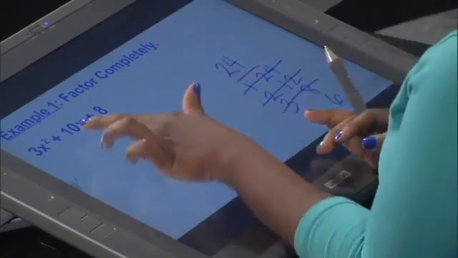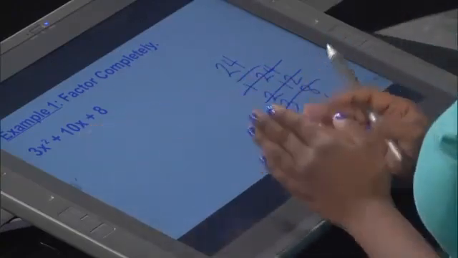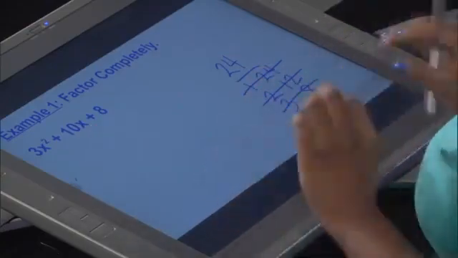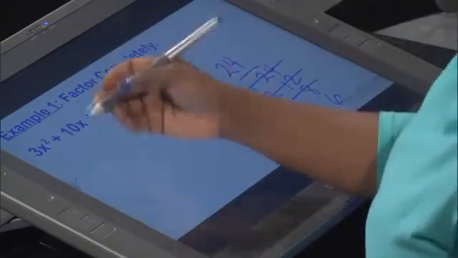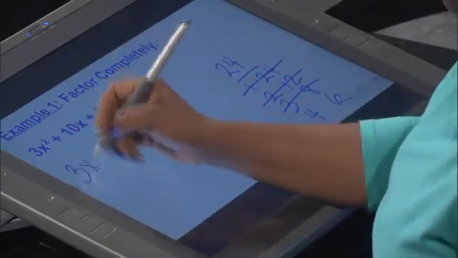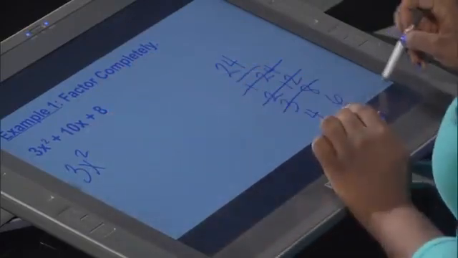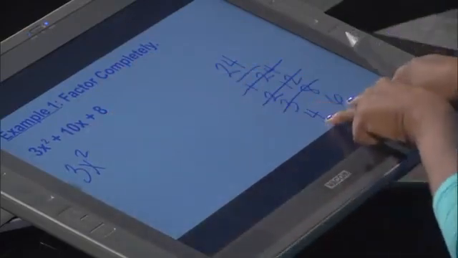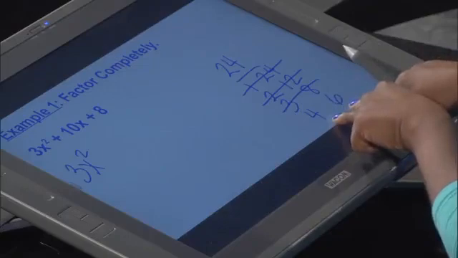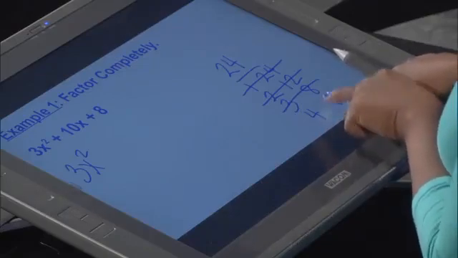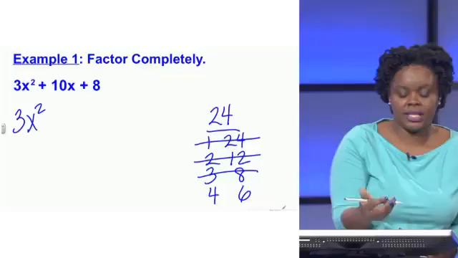So instead of writing 10x, I'm going to write it as a sum of 2 other terms. So I'll still have the 3x squared. But instead of writing 10x, I'm going to write 4x plus 6x, going back over here to our factors. Because 4 and 6 I know will add to give me 10. So 4x plus 6x adds to give me 10x.